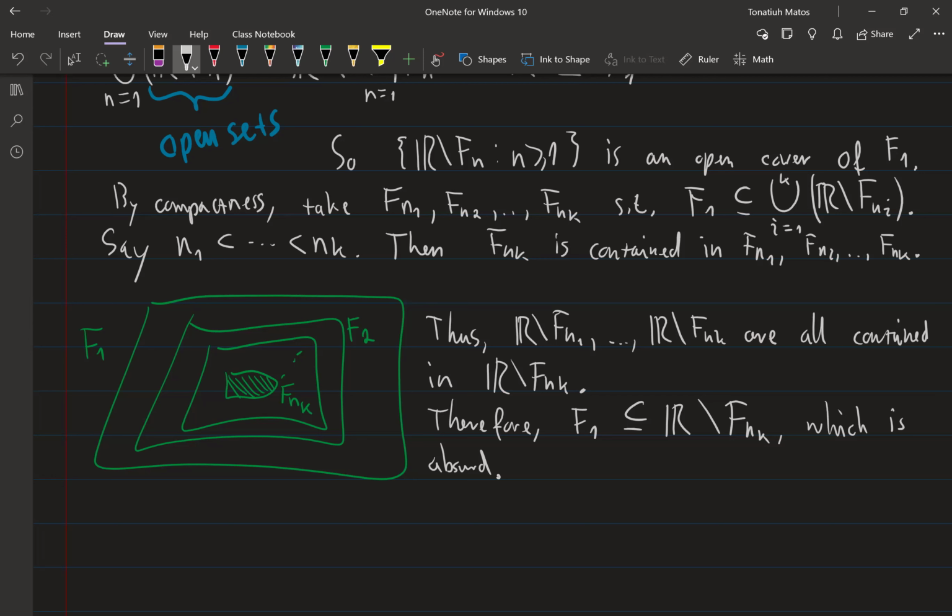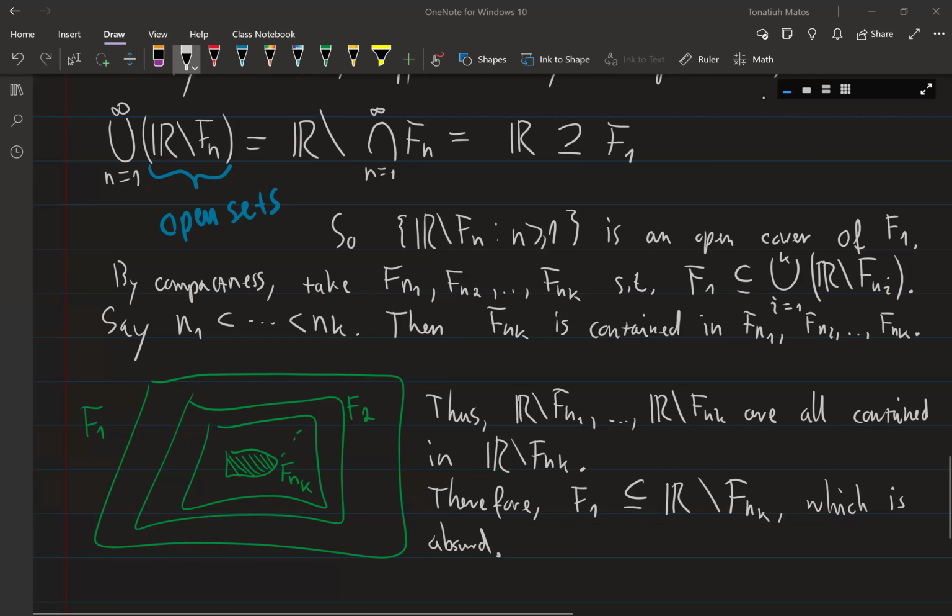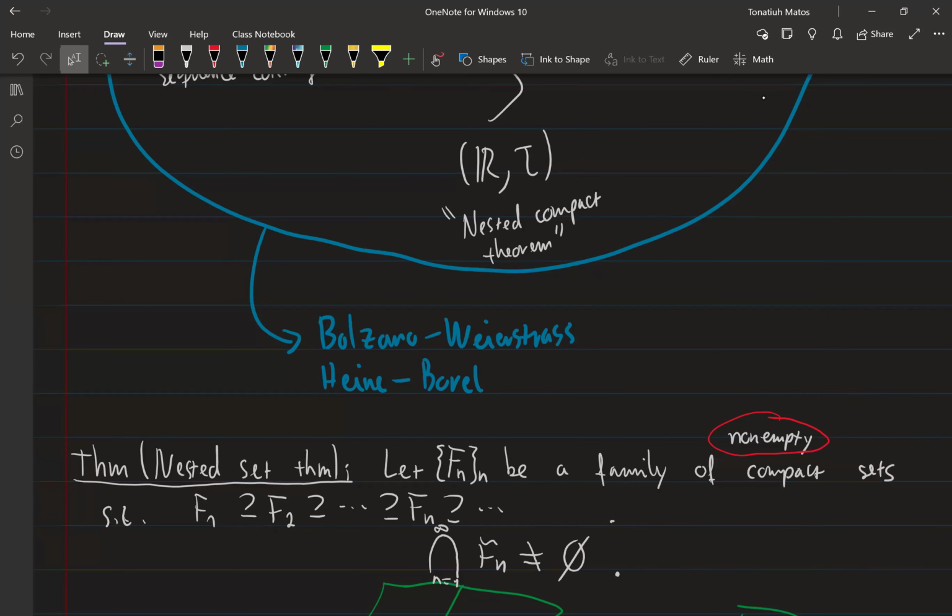Let me maybe pause here for a minute or two. So for the last result that I want to mention, I just want to connect these ideas with sequences. Because remember, if you recall what we did last week, everything that we've talked about closed sets has been almost purely topological.